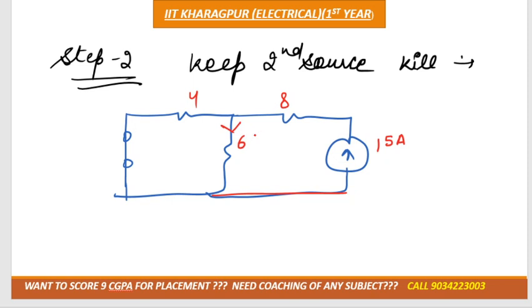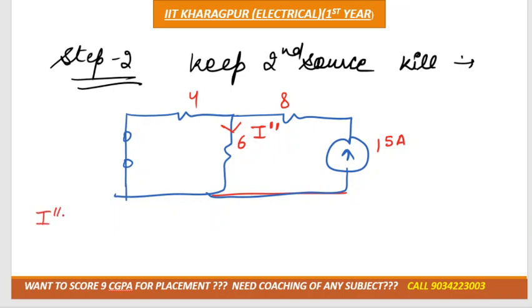Now in this we need to mark I double dash. First step, keep the first source, mark I dash. Second step, keep the second source, mark I double dash. If there is a third step, if a third source is present, then you need to mark I triple dash. Got it?